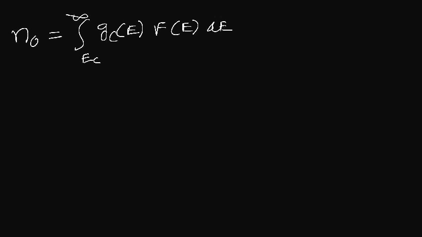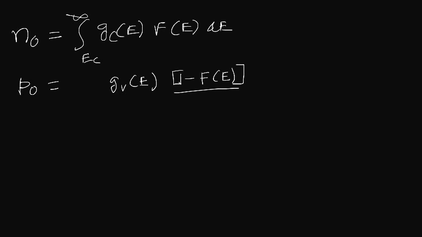The same way we can find the expression for the thermal equilibrium concentration of holes in the valence band by multiplying the density of states available in the valence band with the probability that a state is not occupied by an electron, or the probability of finding a hole, which is 1 minus f of E. This is integrated over the energy range in the valence band, which varies from minus infinity to the maximum value of valence band energy, which is EV.